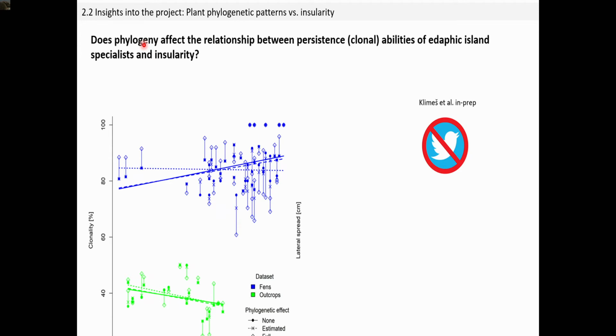For example, with increasing insularity we tend to observe an increase in the percentage of clonal species, but once we correct for phylogeny, this pattern disappears for the full model, for the full randomization. Whereas with an intermediate approach, it pretty much aligns with the non-corrected pattern. And it's also interesting that, if I remember correctly, this one is not a significant pattern, whereas that one is marginally significant.